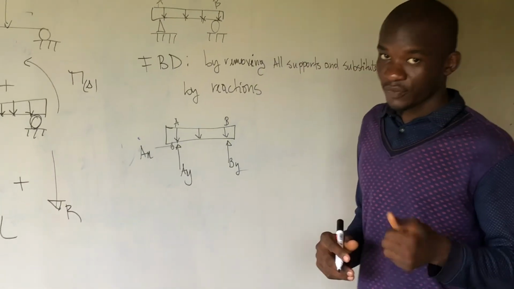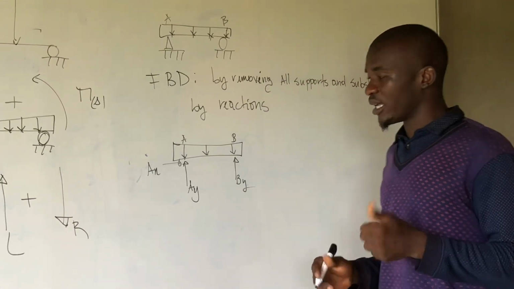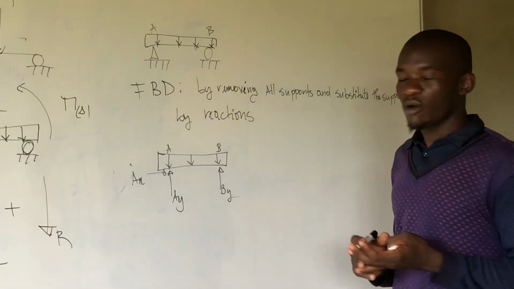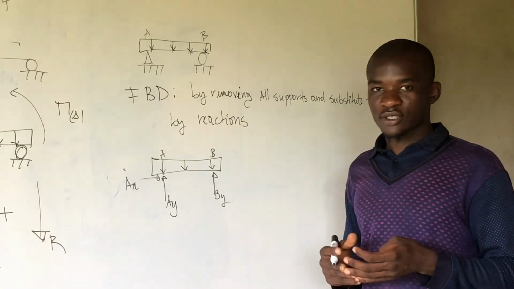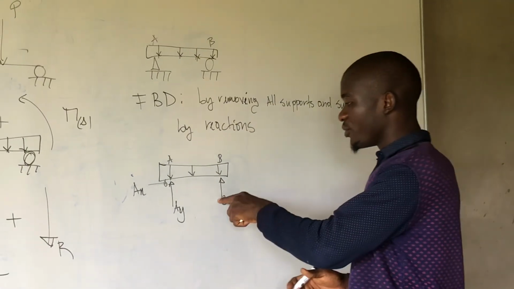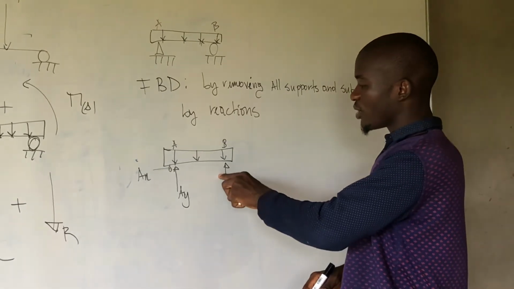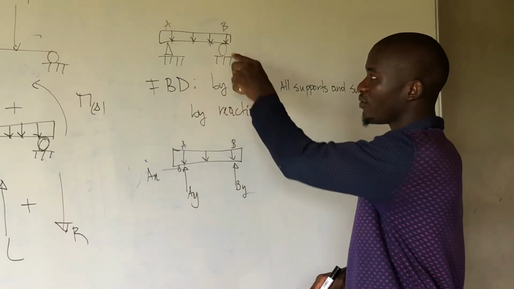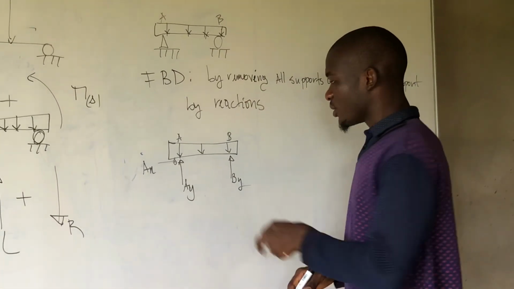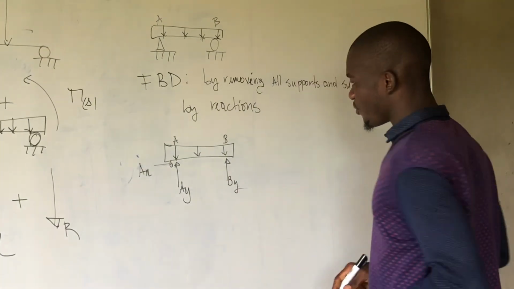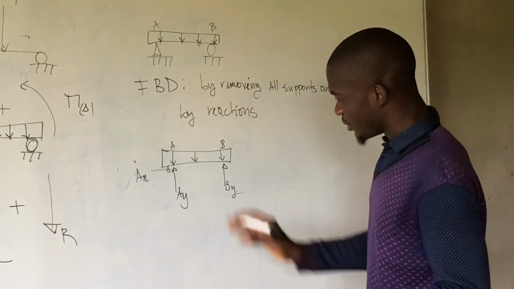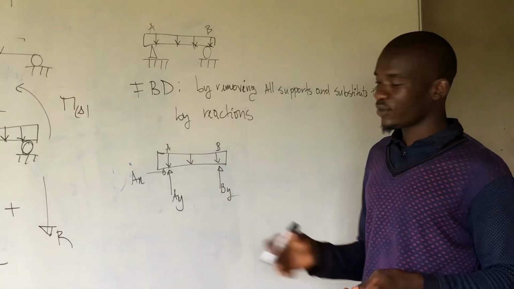As I told you in the previous video, the number of restrictions is equal to the number of reaction forces. So you understand why you have one reaction force at our roller support. After this free body diagram, we still have the reaction forces.